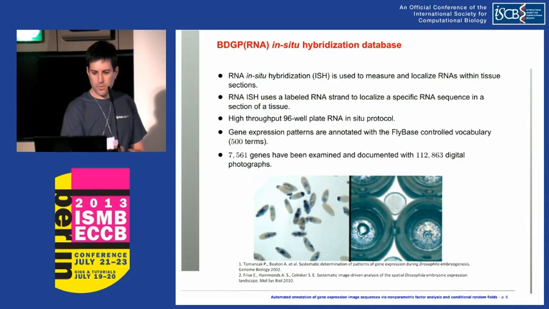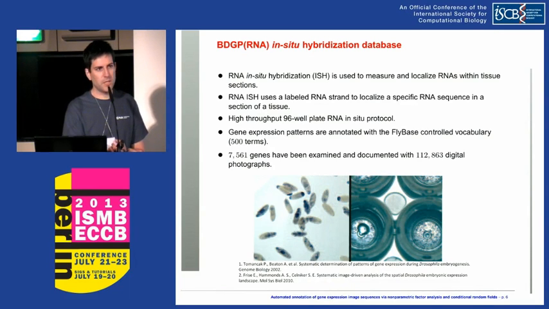Going back to our data, as I mentioned, we used an RNA in situ hybridization protocol. This entire data set was collected, and is still being collected, in San Francisco at Lawrence Berkeley National Laboratories. The project started about 12 years ago, when the researchers were interested in analyzing the spatial and temporal dynamics of gene expression in Drosophila embryos.